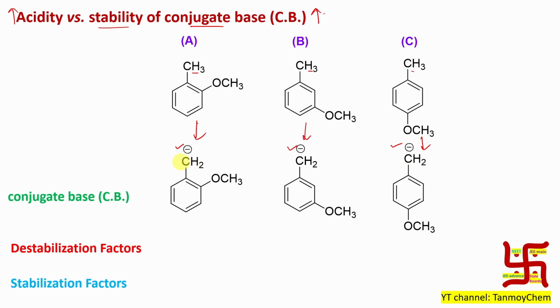Now you may ask, sir, there are protons in the aromatic ring or protons present in this OCH3 group, why are you not removing a proton from there? Remember, the proton removed from here gives a relatively more stable species, as this position is called the benzylic position, and whatever reactive intermediates like carbocation, carbanion or radical are produced at this benzylic position are resonance stabilized.